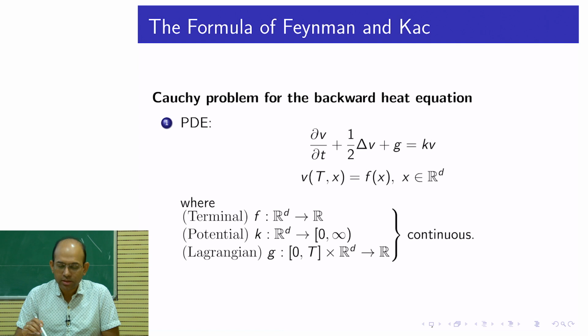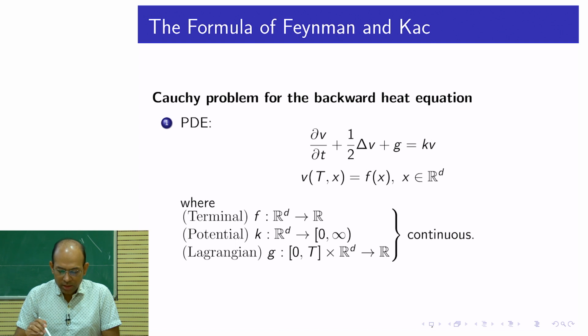I have not written the dependency of k on x, as I have not written the dependency of v on time and x, but these are understood. So k is also a function from R^d to the non-negative real numbers, zero or positive. That is the assumption on k, and k is also continuous.